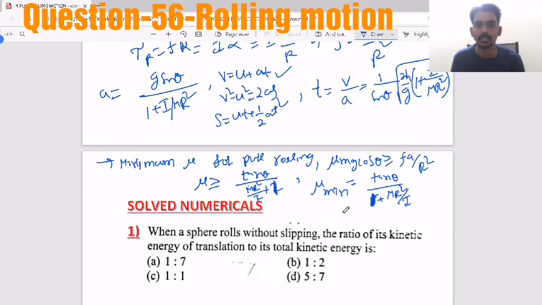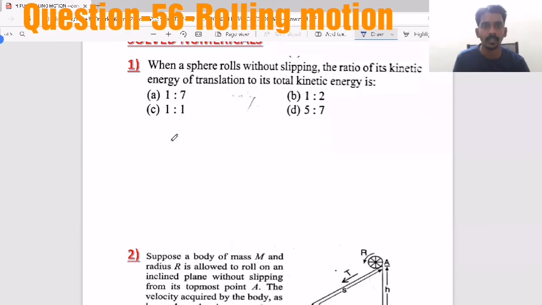They can sometimes ask questions based on this minimum coefficient of friction needed for pure rolling also.